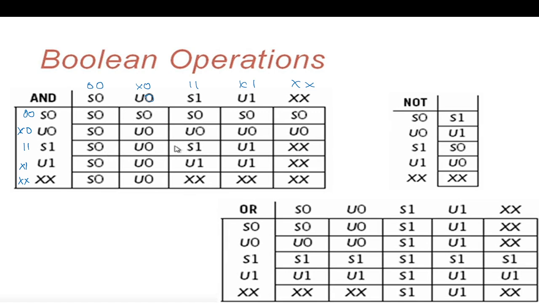And this means we have the second input to be 0, but this is both 0 0, so we have S0. For S1, this is a non-controlling value, so this should come here. Similarly, for U1, this S1 will be a don't care here because of a don't care here. Similar way for OR gate and NOT.